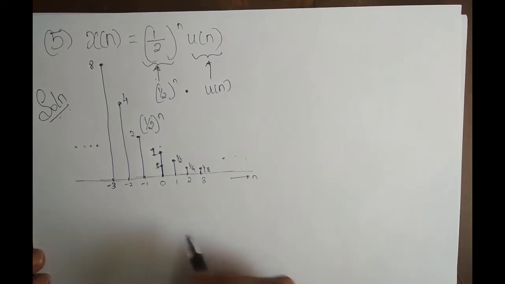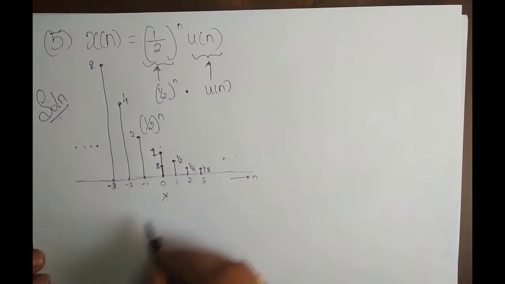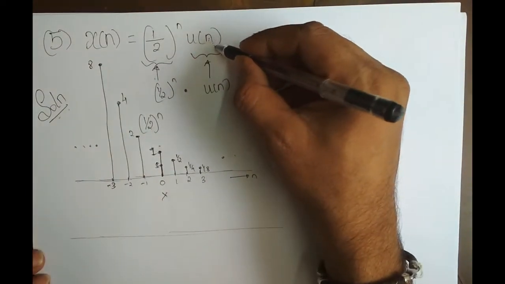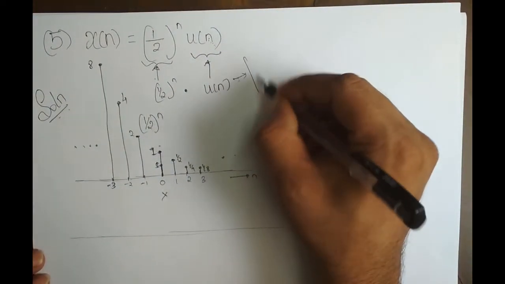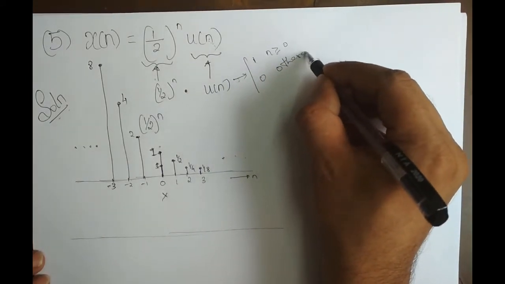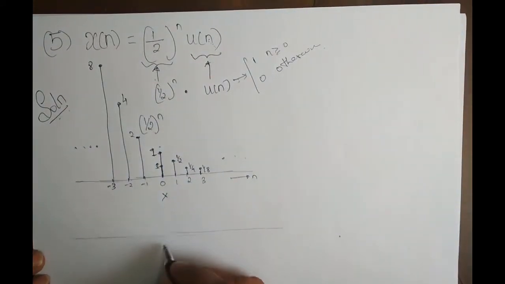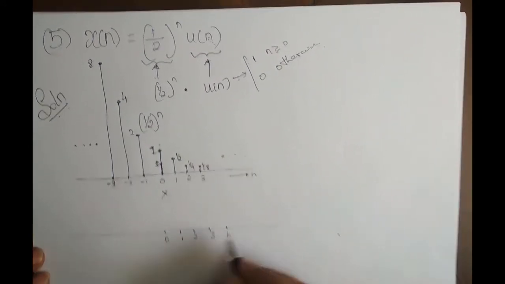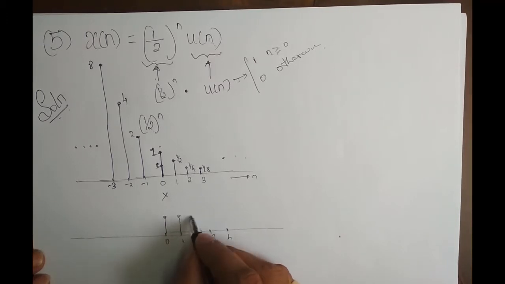Now this signal is multiplied with one more signal. What is this? u of n. And what is u of n? u of n is 1 for n greater than or equal to 0 and 0 otherwise, right? So at n equal to 0, 1, 2, 3, 4 and so on, its amplitude is 1.